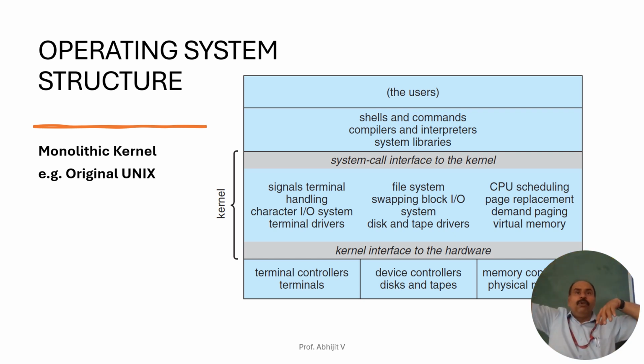All the contact that is going to happen with the hardware is done through the kernel. So here in the topmost layer you have the users, and in the bottommost layer you have the hardware components. You have commands, compilers, interpreters, and internal programs, and so on. And then this gets connected to the system terminals.